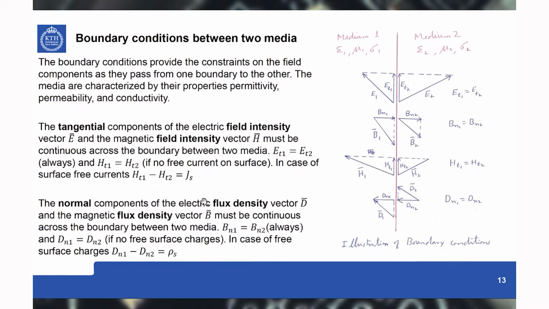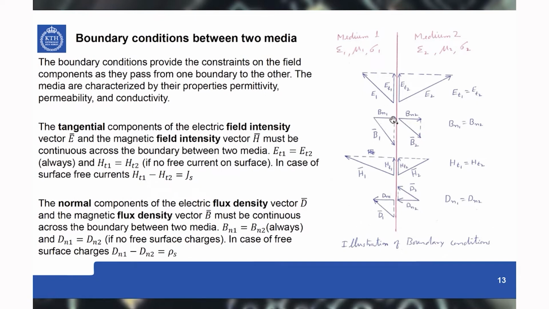Similarly, the normal components of the electric flux density D and the magnetic flux density B must be continuous across the boundary.